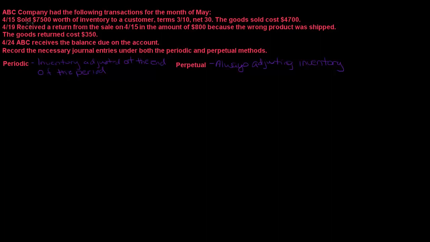So we know that this is a sales transaction because it says on 4/15 ABC Company sold $7,500 worth of inventory to a customer. Terms 3/10 net 30. What does that mean? Well, if we have terms, that means the customer did not pay cash, so it's on account.